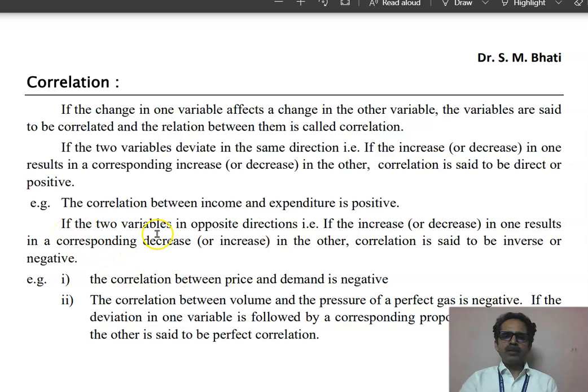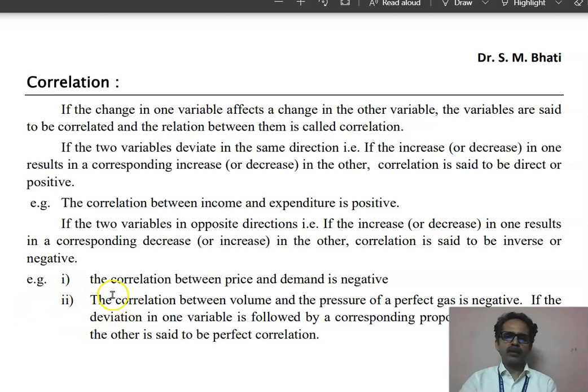If the two variables deviate in opposite directions, that is, if an increase in one results in a corresponding decrease in the other, or if a decrease in one results in a corresponding increase in the other, then the correlation is said to be inverse or negative.